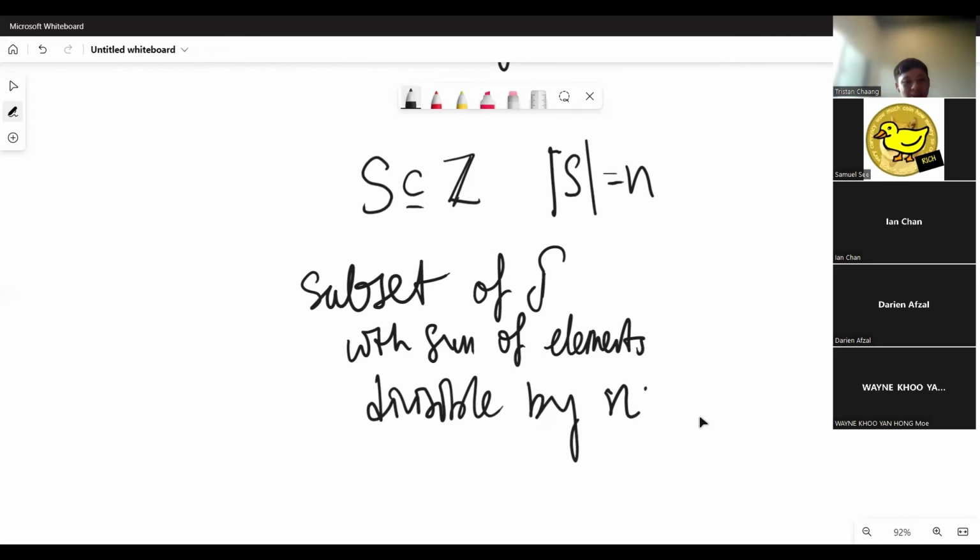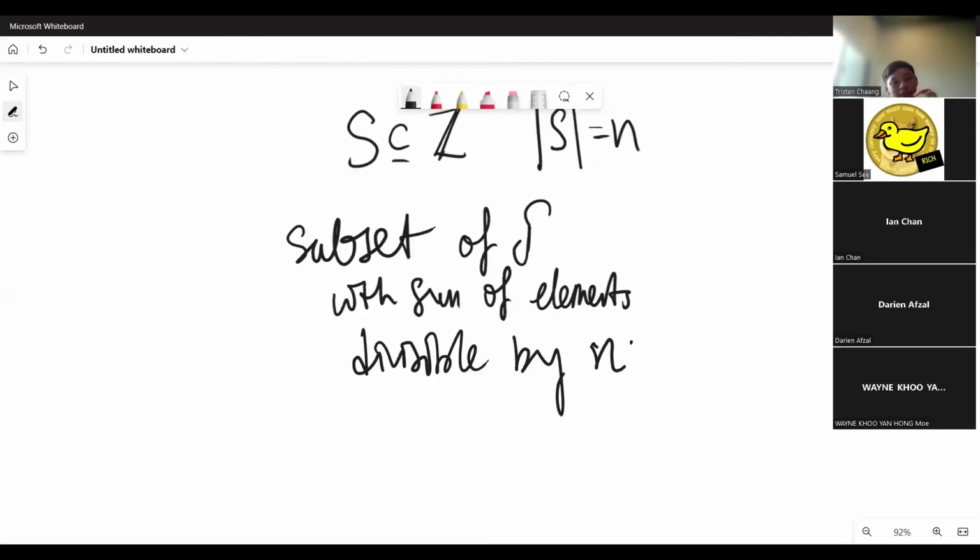Okay, so no one got it yet. The key thing is to not just look at the whole picture. We restrict ourselves to a certain family. Okay, someone said elements mod n will be 1 to n minus 1. Add some of the elements.